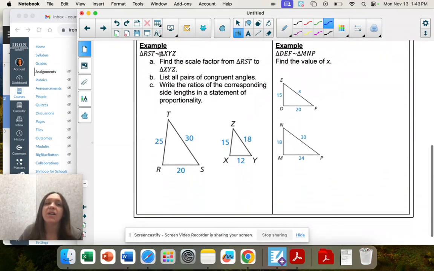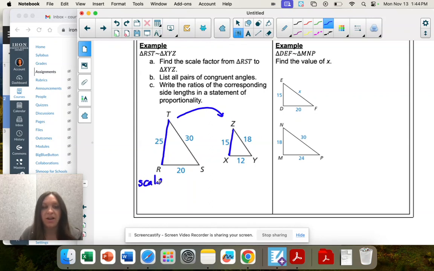And what I mean by that is I have triangle RST is similar to XYZ. It's saying find the scale factor. So you see which sides align. These sides align, and we want to find the scale factor from RST to XYZ.